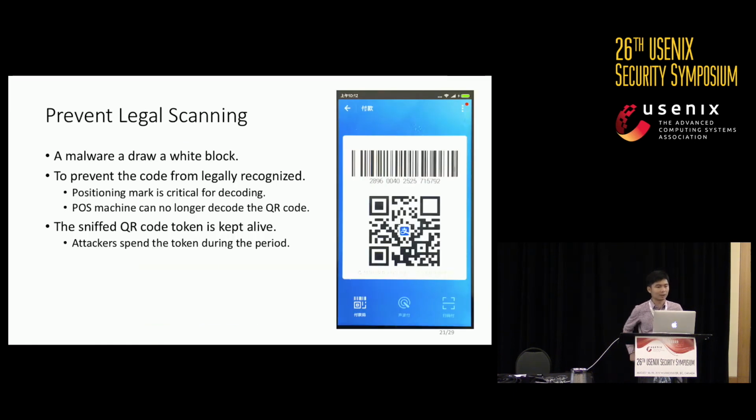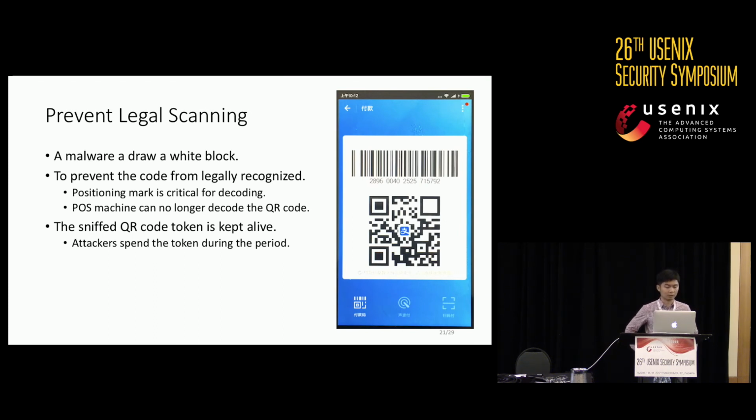And at the same time, the malware should prevent the token from being legally scanned by the post machine. The malware can simply draw a white block at the positioning mark of the QR code to prevent it from being scanned by the post scanner. The positioning mark is critical for QR code decoding.